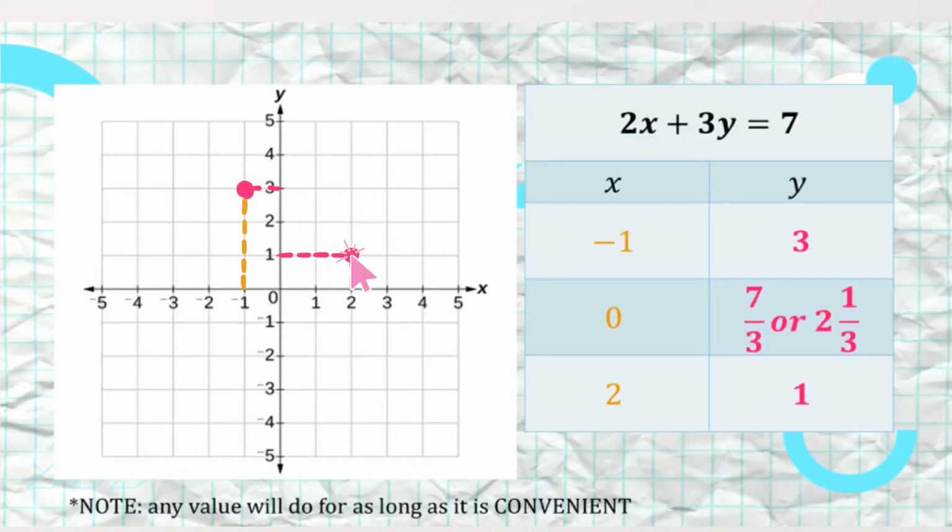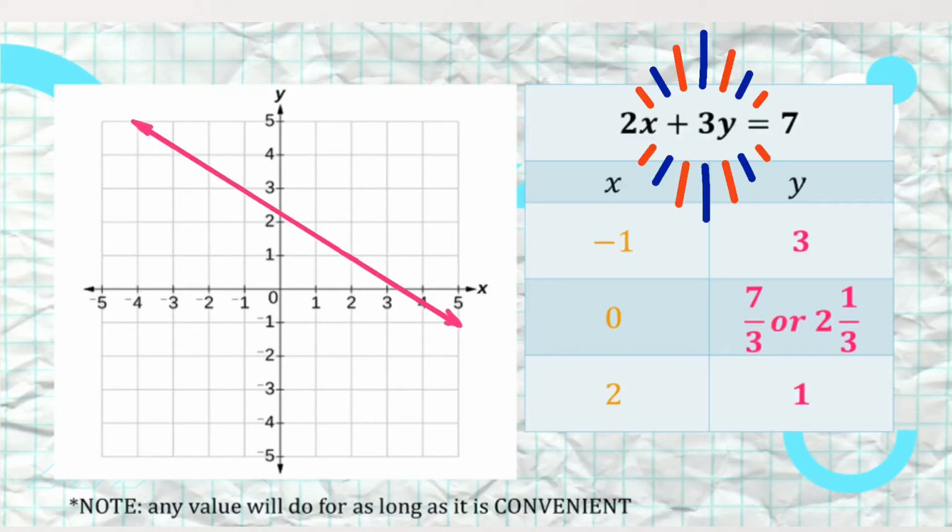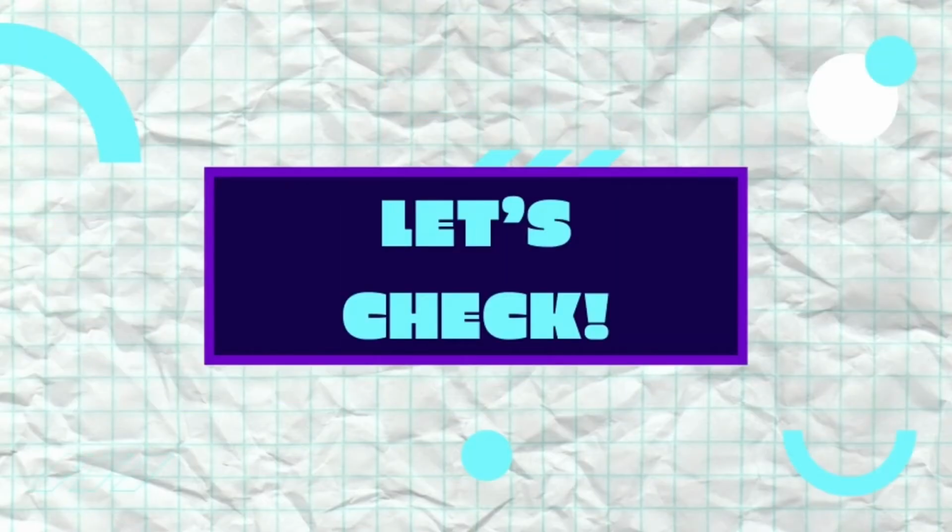Now, we locate point 2, 1 and draw a line. There you have it. Using the points -1, 3 and 2, 1, we were able to graph the linear equation 2x plus 3y is equal to 7. If you want to check your answer, you can use any convenient third point to check.